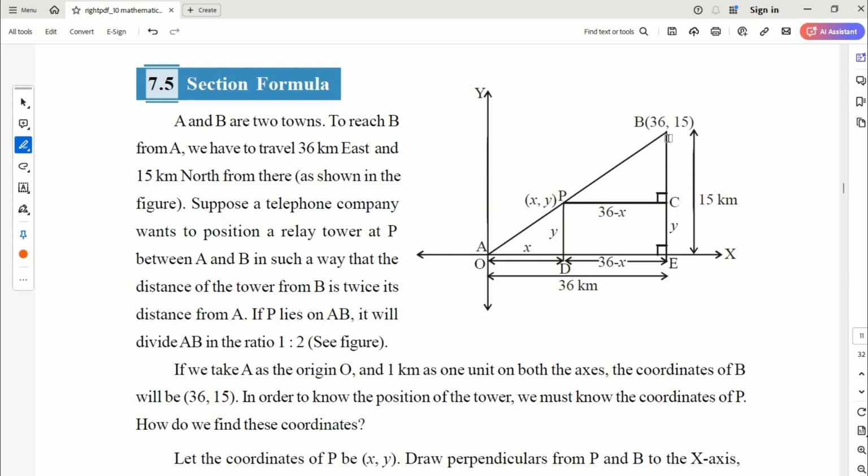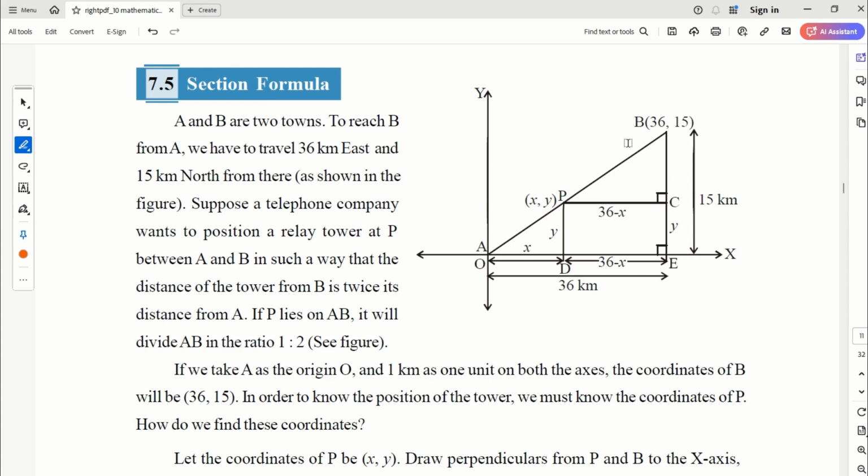A telephone company wants to install a tower at a point on AB which divides this line in 1 is to 2 ratio. So basically a story is created, but the summary is you have a line segment AB and you need to find a point P which can divide this line in 1 is to 2 ratio.